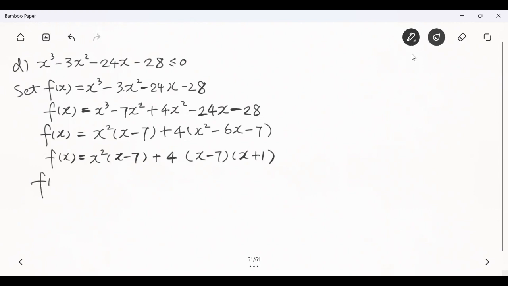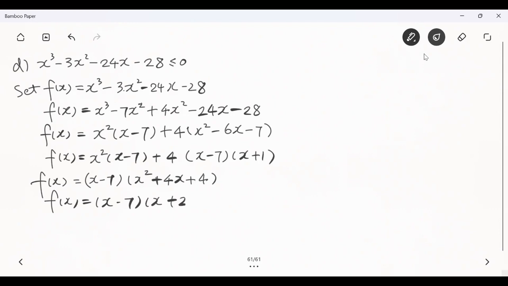So next the common factor is x minus 7, so take out, and leave x squared plus 4x plus 4. And then keep going: this f(x) equals x minus 7 times x plus 2 squared.